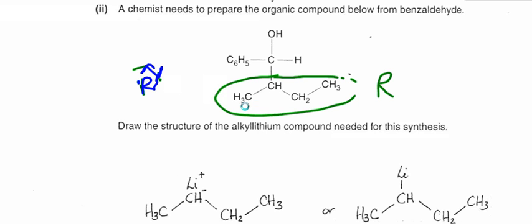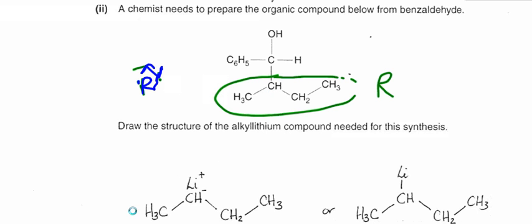Right, so this R group now here, it must have a minus on it. And so you've got to decide where you're going to place your lithium. Your lithium, being a positive ion, will be bonded to where there's a negative portion of the molecule. Clearly where we need to join this molecule is on this second carbon here, so that must be where the lithium was.